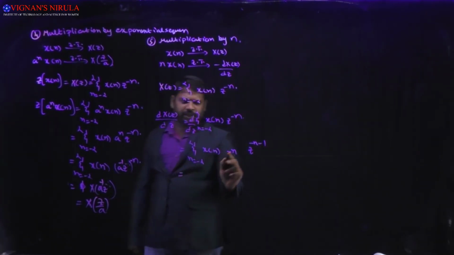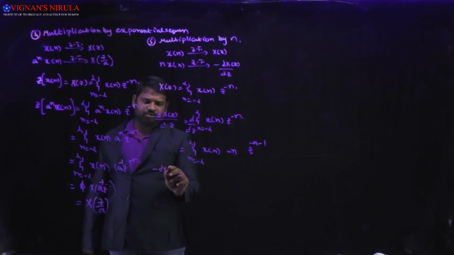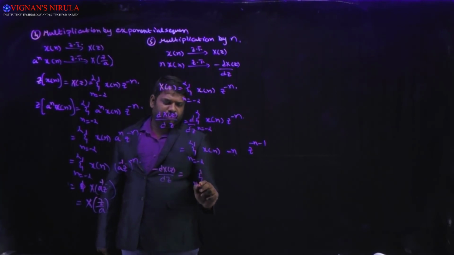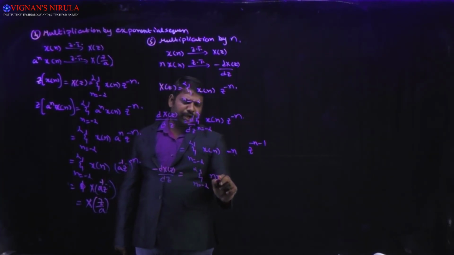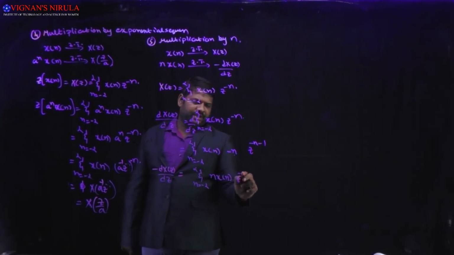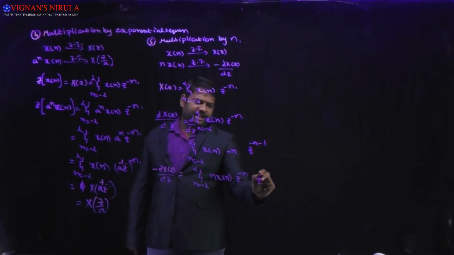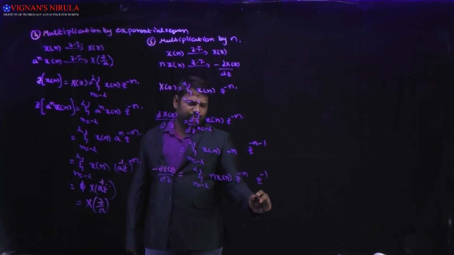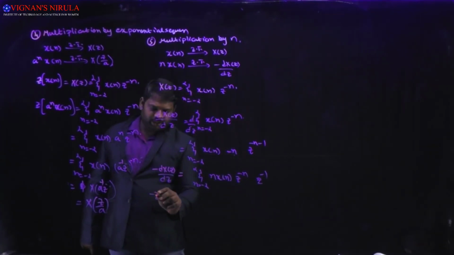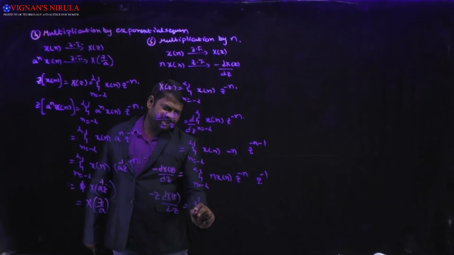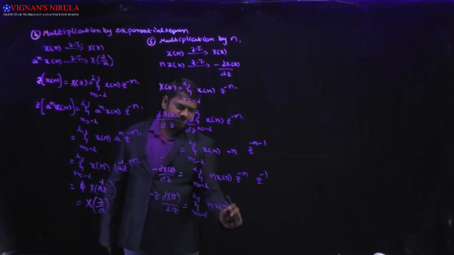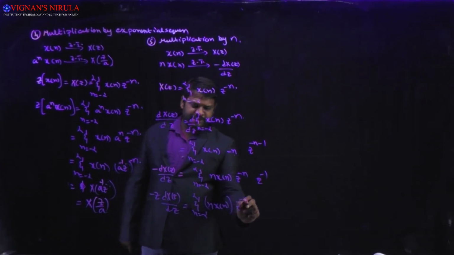Therefore take this minus to this side: minus dx of z by dz, summation n varies from minus infinity to infinity n into x of n z power minus n, keep it, and z inverse. Z inverse will be written as 1 by z, take to this side, and minus z into dx of z by dz will be given by summation n varies from minus infinity to infinity n into x of n into z power minus n.